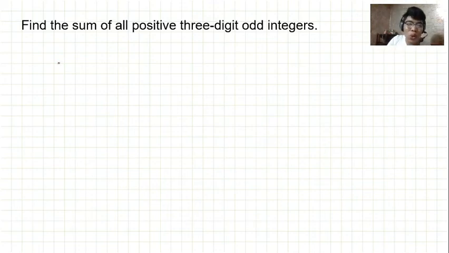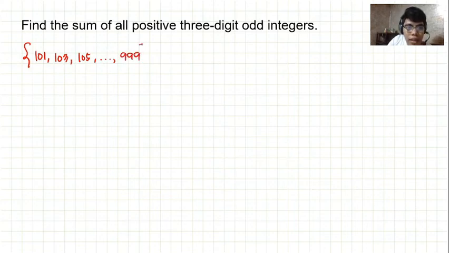Okay, so the list of positive three-digit odd integers actually starts at 101, right? Then 103, then 105, until the last three-digit odd integer is 999.